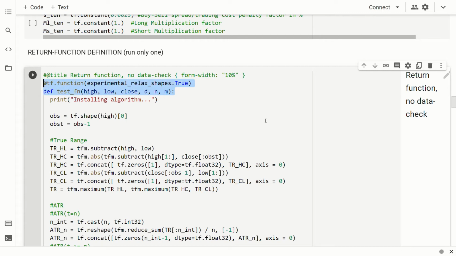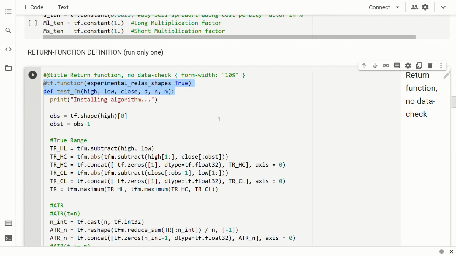So first of all, you can read at tf.function. That is the code to define that the following function is decorated in TensorFlow. So basically it is a TensorFlow function. TensorFlow, that is our machine learning package, the platform on which we are building our machine learning algorithm, can use the following function.